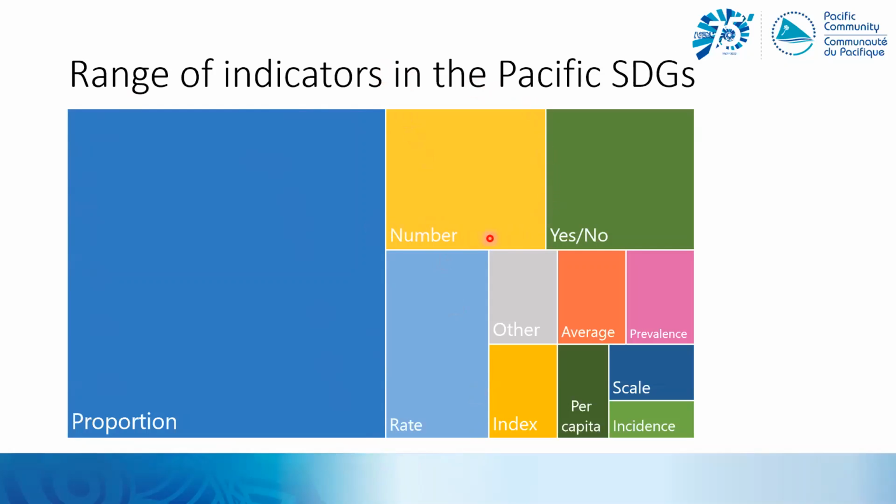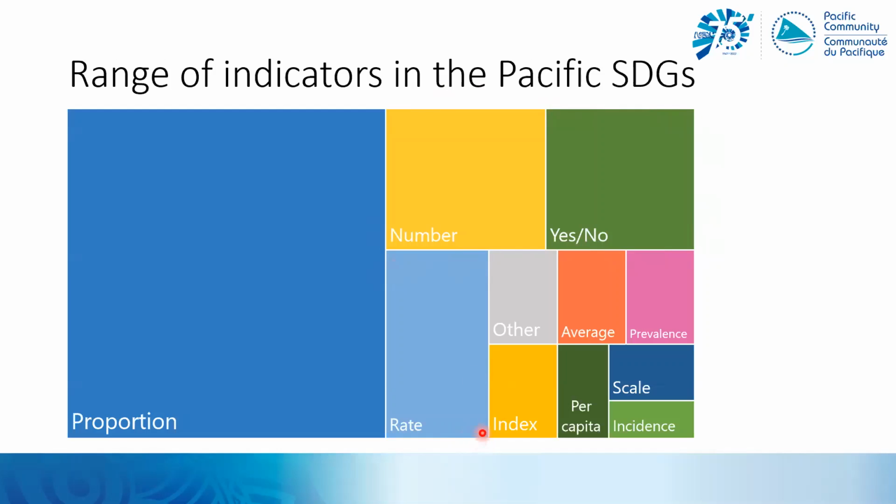There's also a nice contribution of indicators that are purely just a number, and that might be the volume of aid that a country receives. And the yes/no's are the simple ones, such as, does this country have a policy on climate change adaptation, for example.